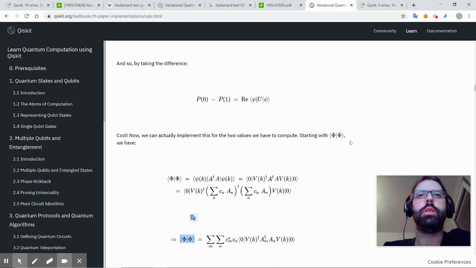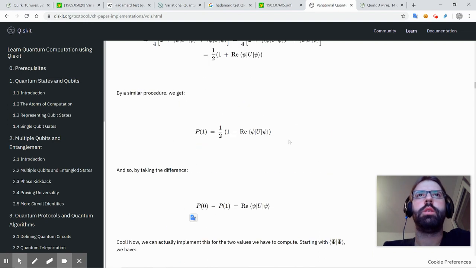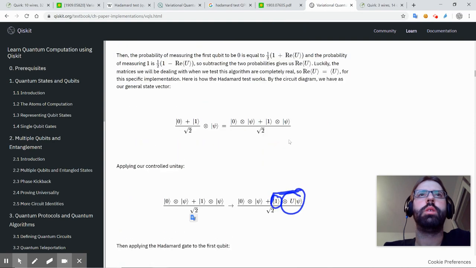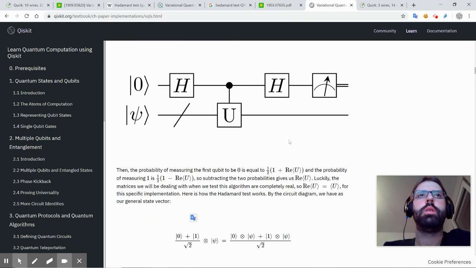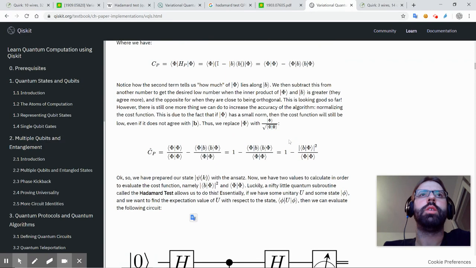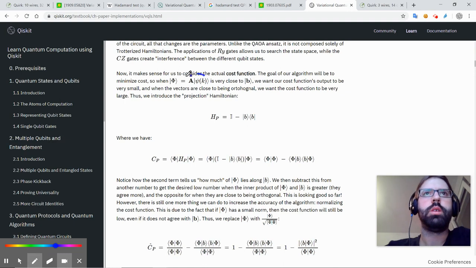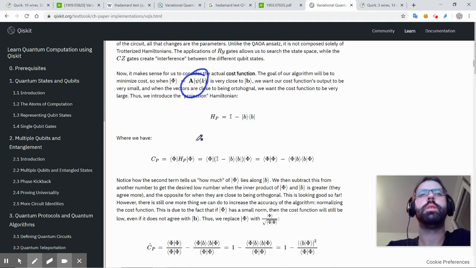Let's try to go back to what this symbol is. Okay, so that is these. That's that part.